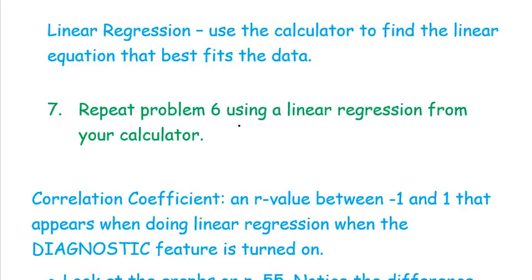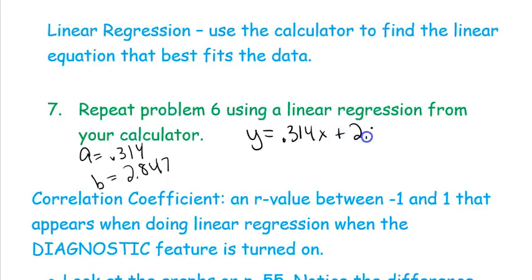And when it comes up, it gives you A equals 0.314 and B equals 2.847, and it gives you a whole bunch of decimals, but you don't need that many to just try to get it right. So that means that my line would be 0.314x plus 2.847.